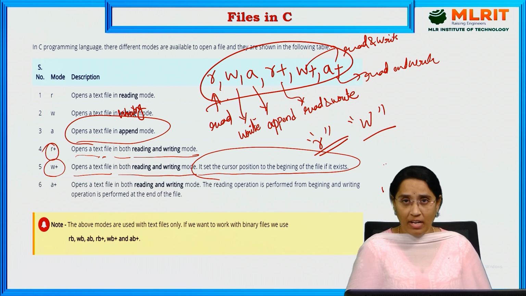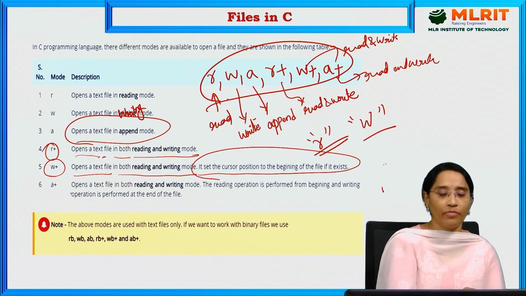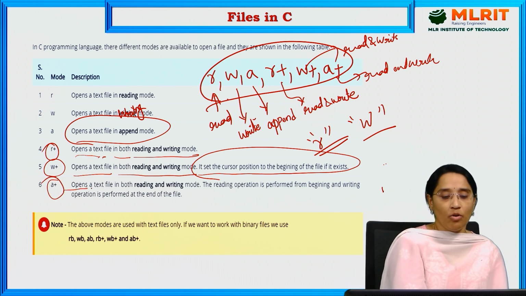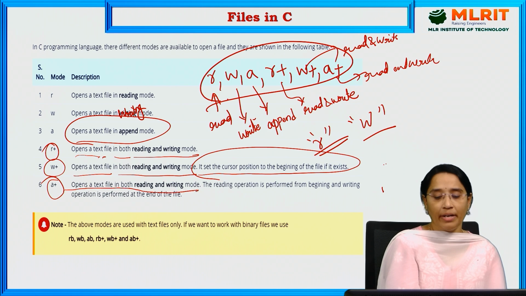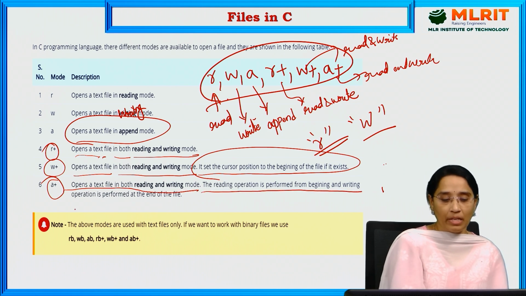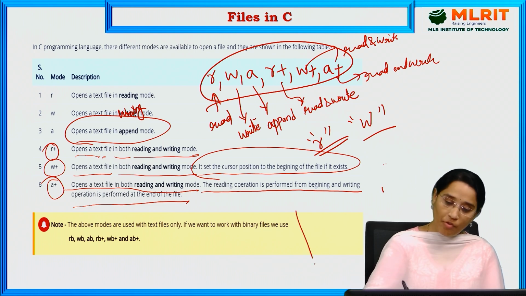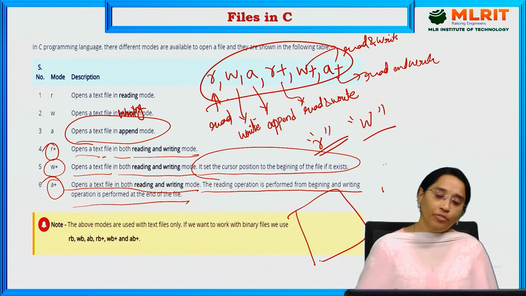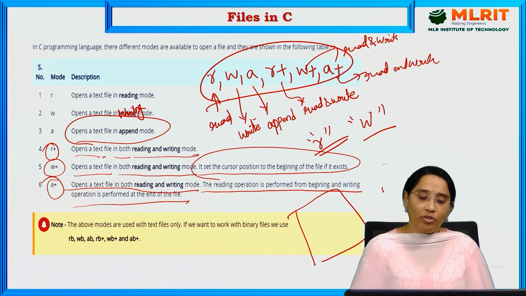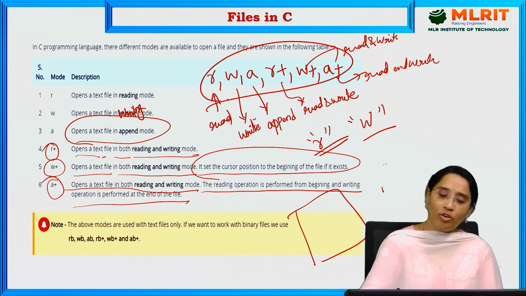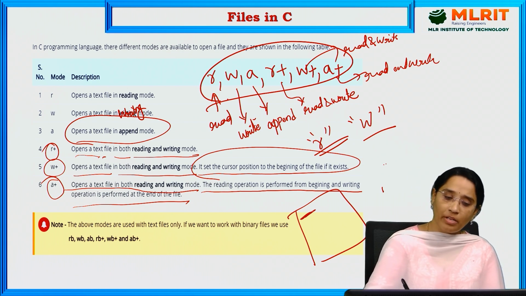Next, A plus opens a text file in both reading and writing mode. Thus, the reading operation is performed from the beginning and the writing operation is performed at the end of the file. Suppose you have a file and you want to perform the reading operation; it is performed from the beginning of the file.